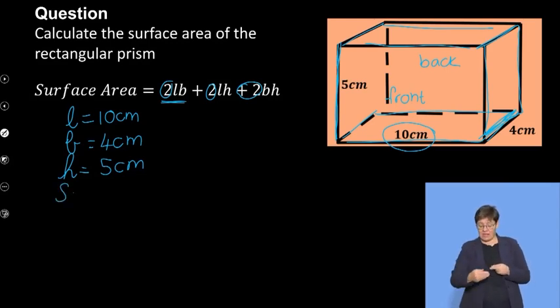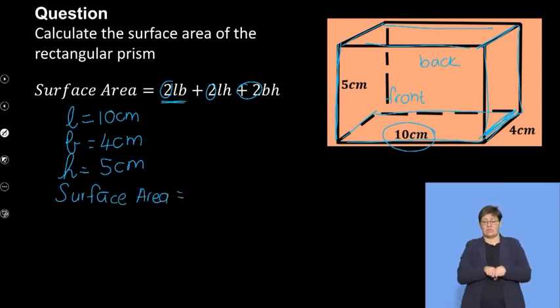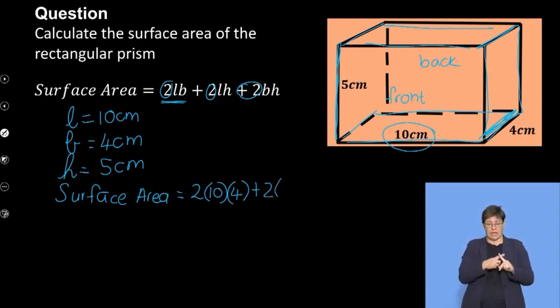So let's do the calculation. The surface area will be equal to 2 times the length, which is 10, times the breadth, which is 4, plus 2 times the length, which is 10, times the height, which is 5, plus 2 times the breadth, which is 4, times the height, which is 5.